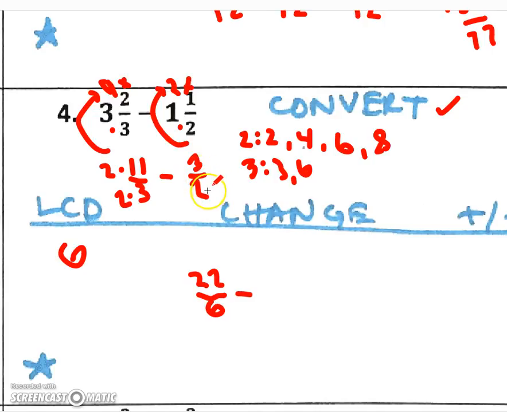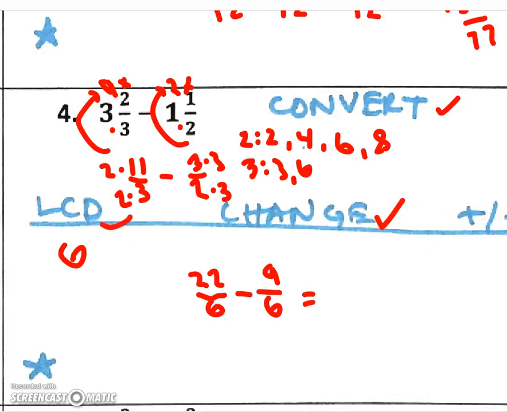Same thing. What do I have to multiply 2 by to make 6? I know it's 3. Whatever I do to the bottom, I do to the top. 2 times 3 is 6. Our denominators are now the same. 3 times 3 is 9. We have now changed. And we already got that one earlier.